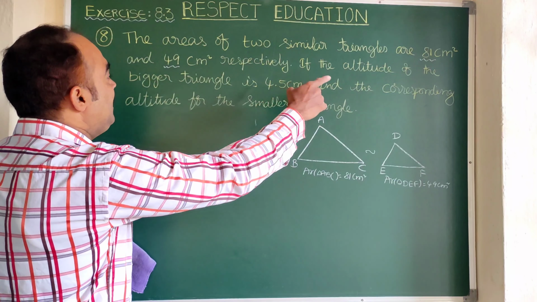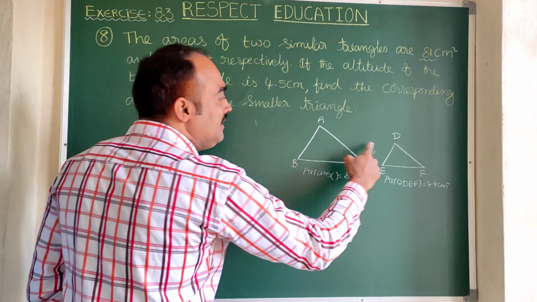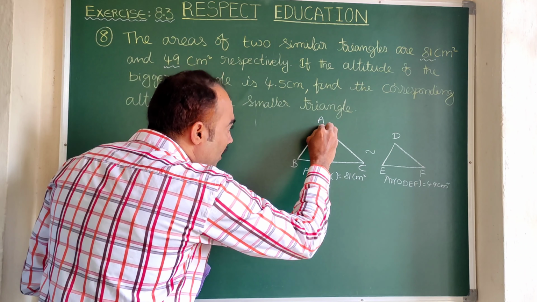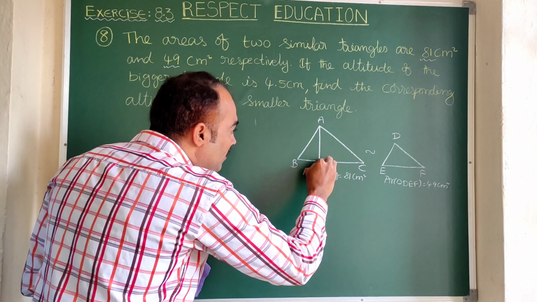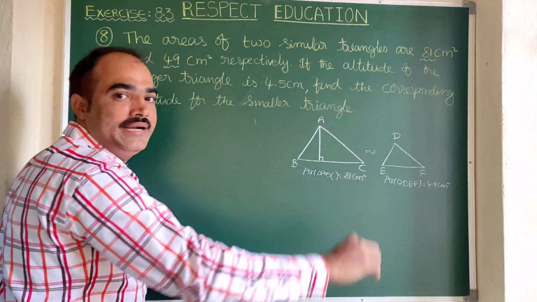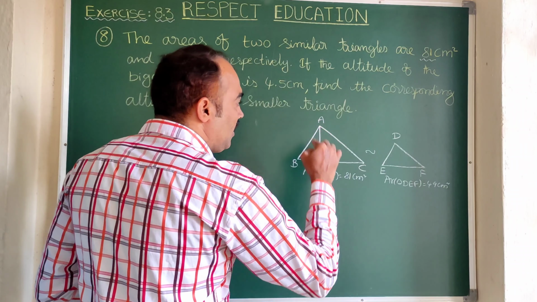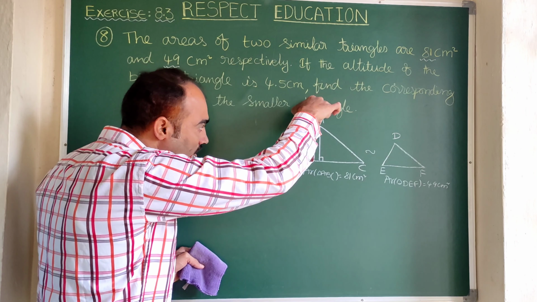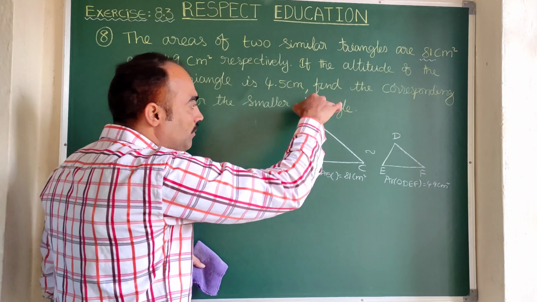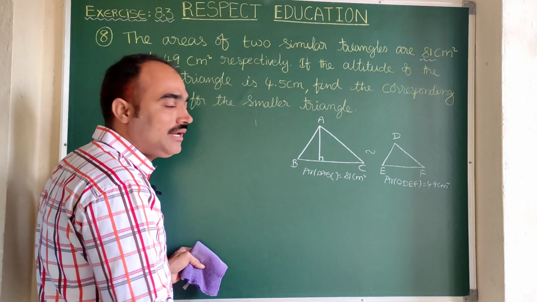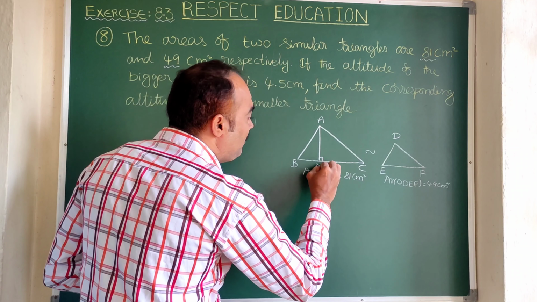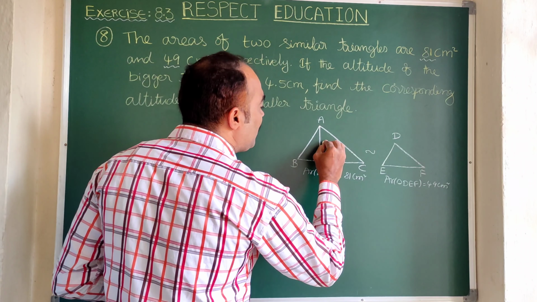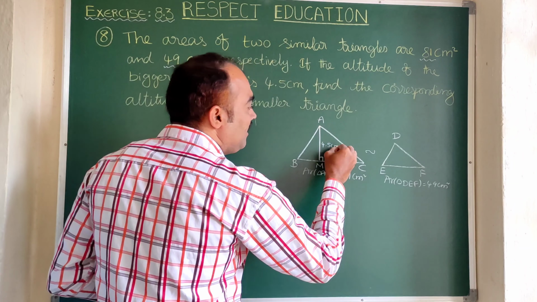And the altitude of the bigger triangle, in these two clearly ABC is the bigger, is the perpendicular line drawn from a vertex to its opposite side. So from A we can drop one perpendicular, let us take it as M. So AM is the altitude, and AM is given as 4.5 centimeter.